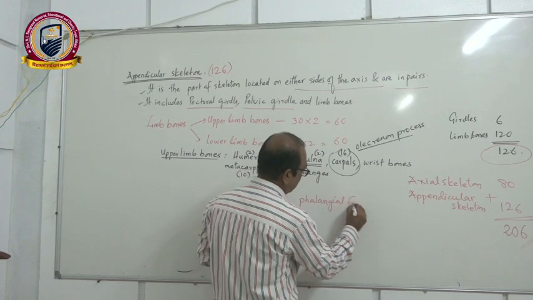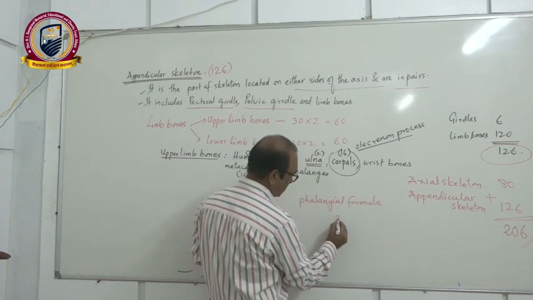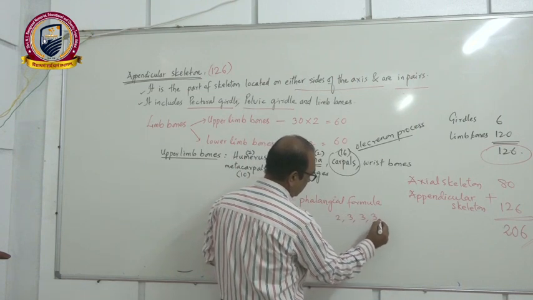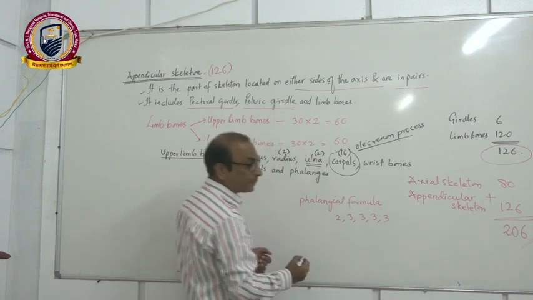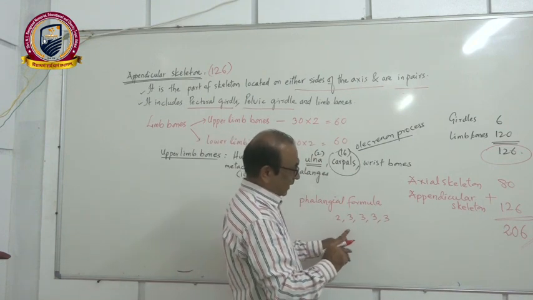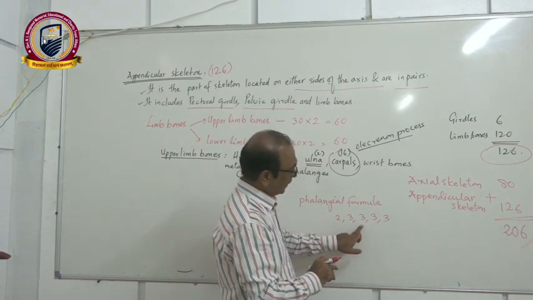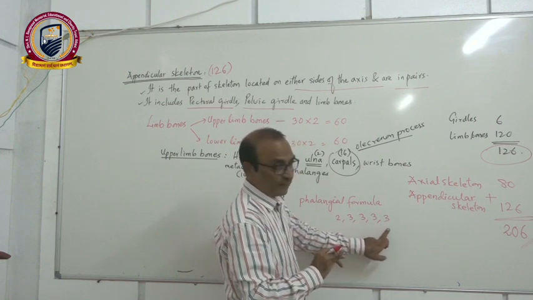The phalangeal formula we write like this: 2, 3, 3, 3, 3. That means 2 in the thumb, and then in the first finger, middle finger, ring finger, and small finger.